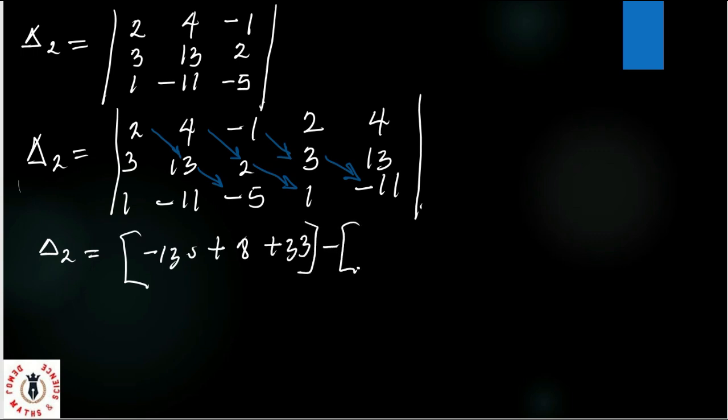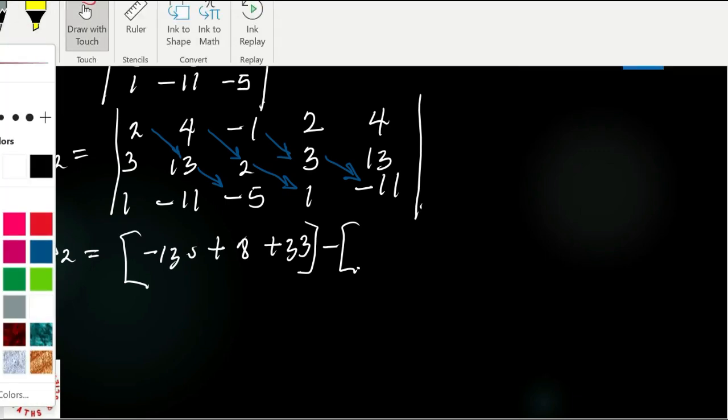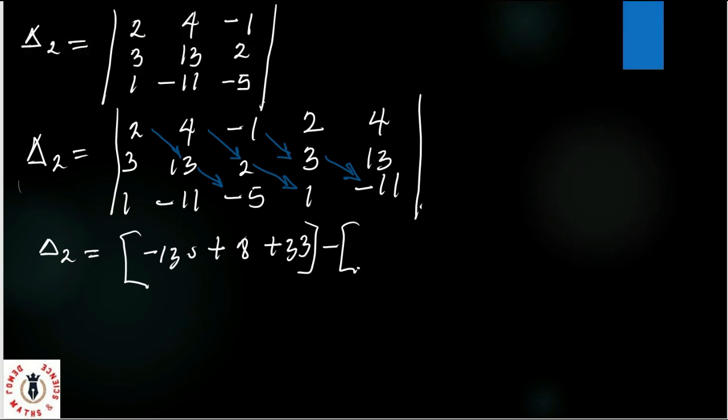Minus, here is minus 1 into 13, 13 into 1, 2 to 2 to 11, and 4 to 3 to minus 5. So I have minus 1 times 13, that's minus 13.